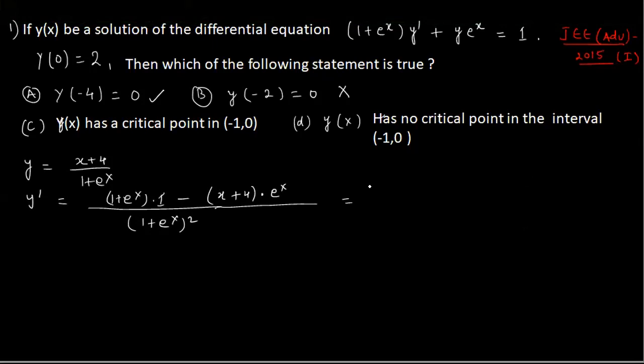So we get 1 minus x into e raised to the power x minus 3 e raised to the power x upon 1 plus e raised to the power x whole square. Please see, the denominator is always non-zero.